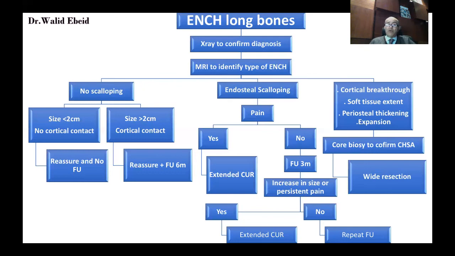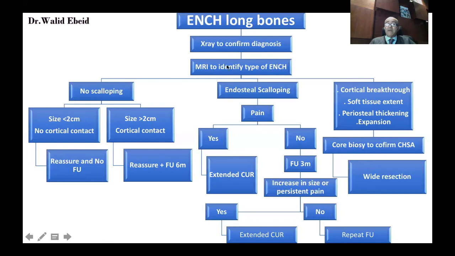But if there is no pain and no change in size, we repeat the follow-up for a longer period of time, for 6 months, then for 1 year, then for 2 years. If at any point there is, again, pain or an increase in size, we do extended curettage.